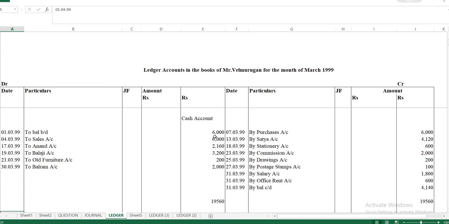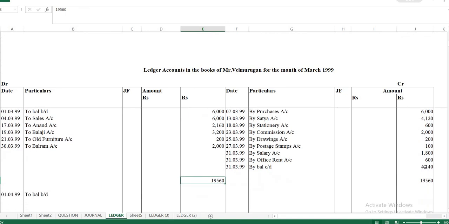It has become 19,560, but your payments are less. Your expenditures or payments are less, so you have a closing balance here. You still have some balance in hand: 4,140. This is your closing balance and will be the opening balance for the next month. So you have to enter the amount as 4,140. With this amount you are starting the next month.